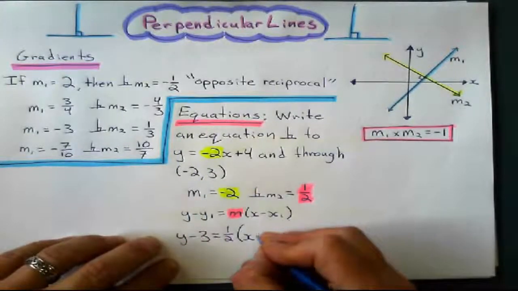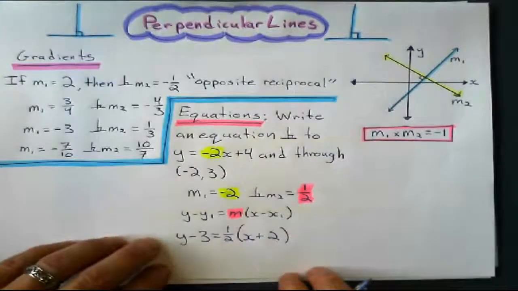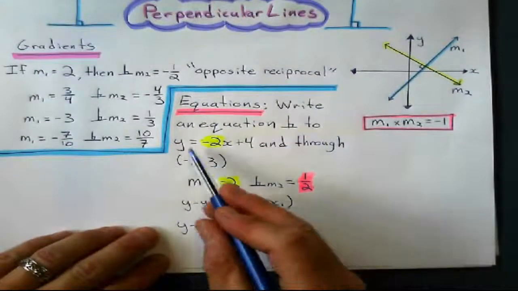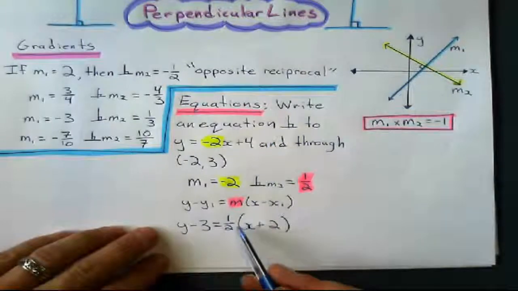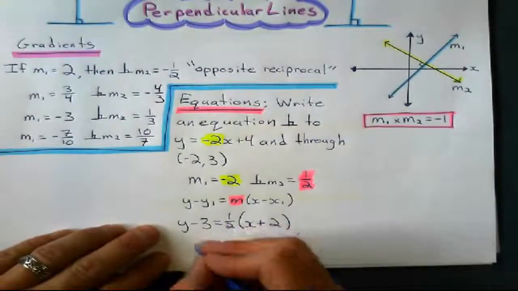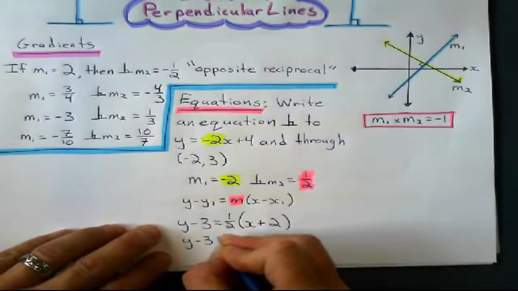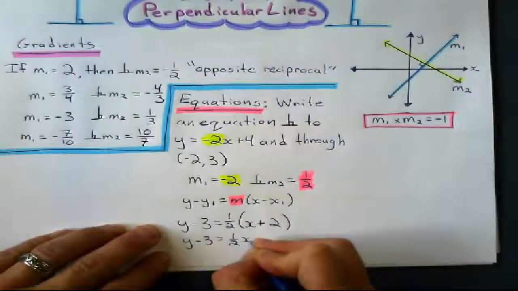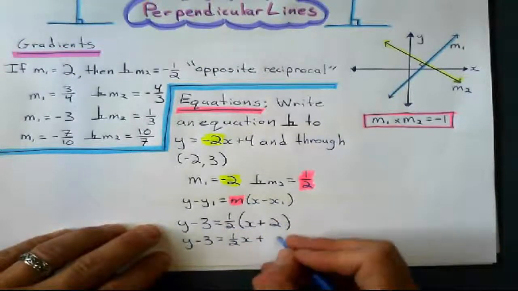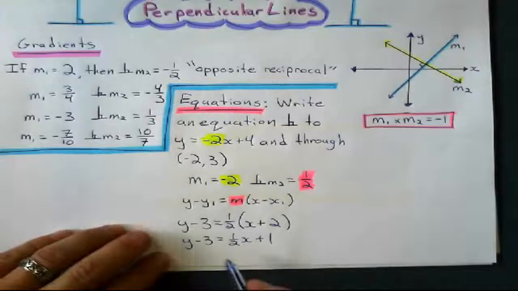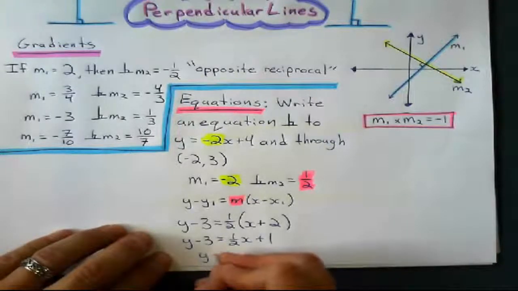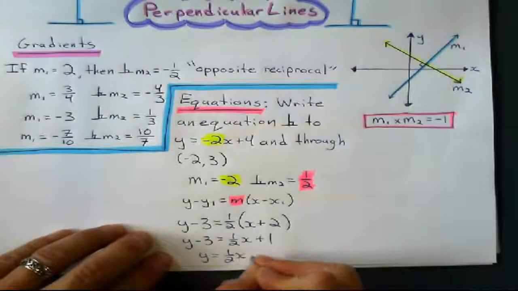To get it in the same form as the original, I expand and then add that 3 over. So y - 3 = 1/2 x + 1/2 times 2 is 1. And then finally I add the 3 to the other side, and I get y = 1/2 x + 4.